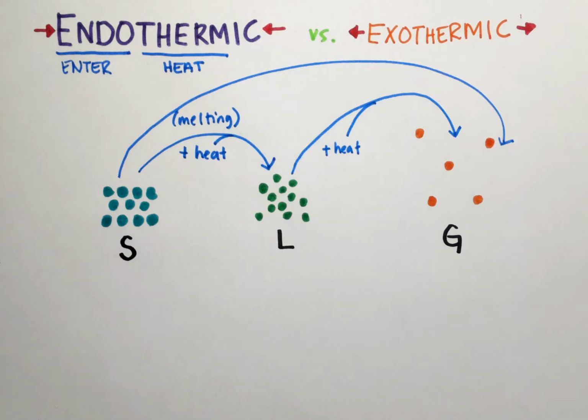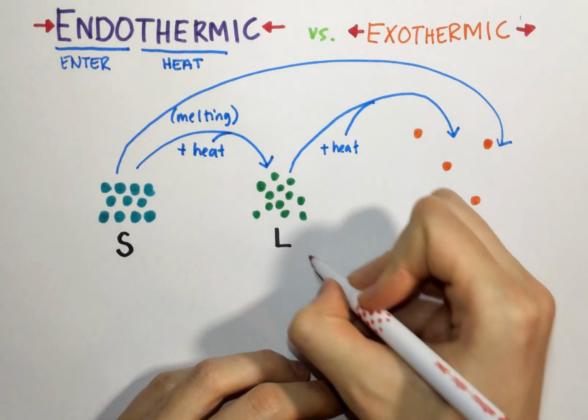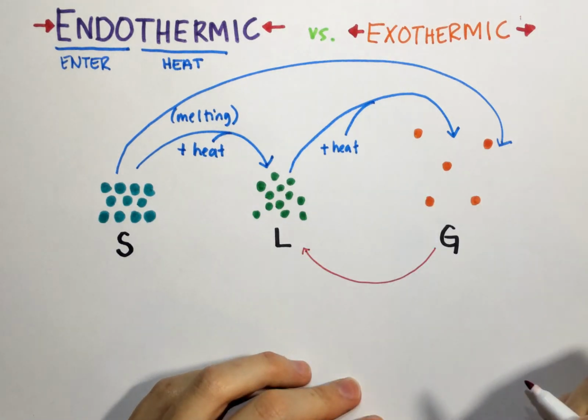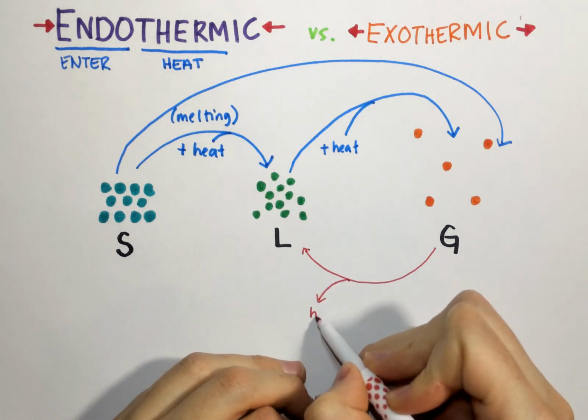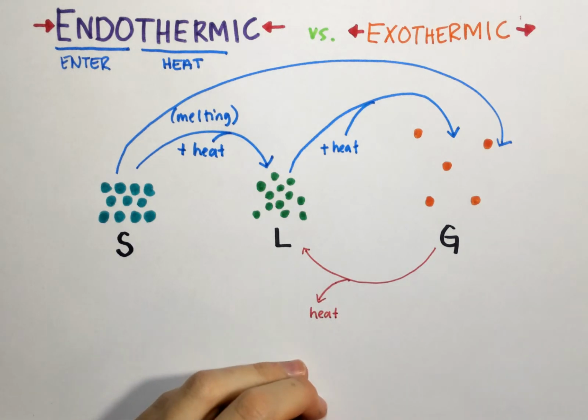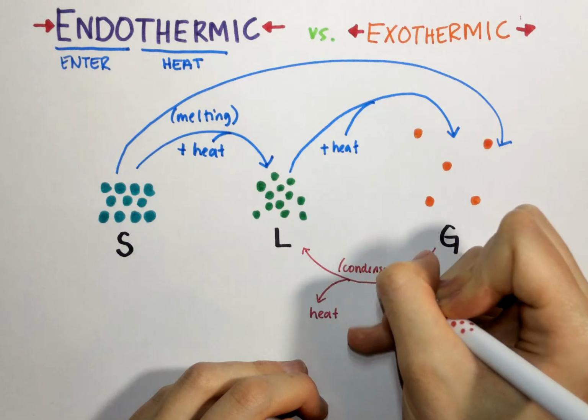So if we're moving in the opposite direction, we know there's a different type of change going on. If I want to calm down these extremely excited gas particles, I've got to have them release heat in some way. So if I'm moving from gas to liquid, the process of condensation, what I know is that I'm going to kick some heat out, kick out some energy, right, for the process of condensation.